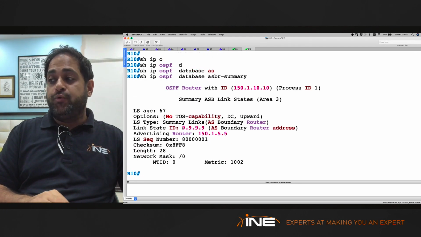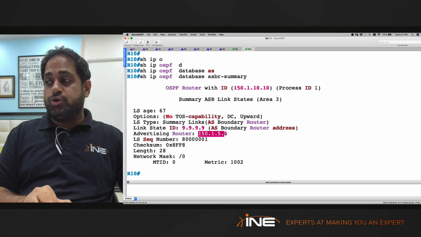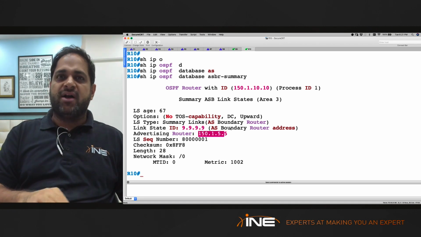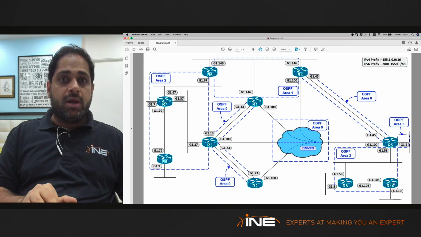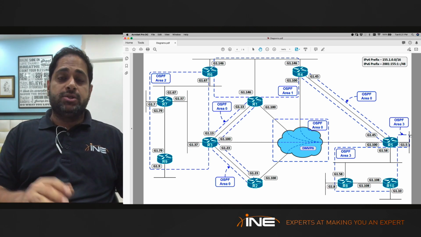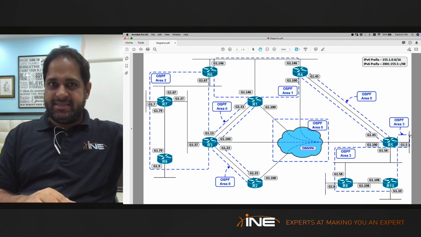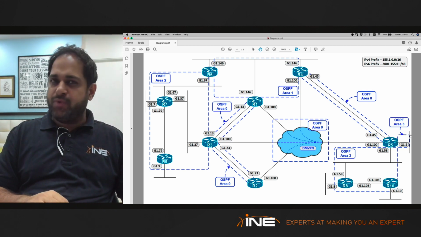You would see that to reach this router ID, which is the ASBR, I should go to my local ABR, which is R5. If I look at the diagram again, for R10, the local ABR is router 5. The ABR gets that LSA, generates its own LSA, and sends that down to other areas. So R5 is the advertising router.